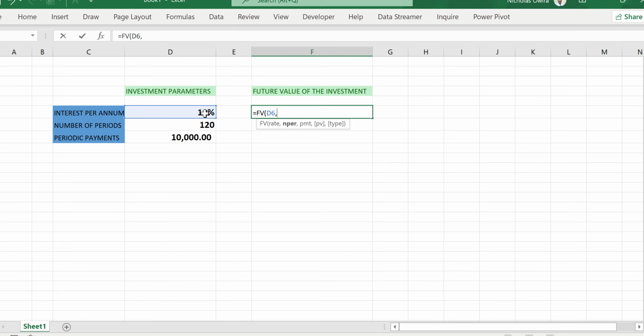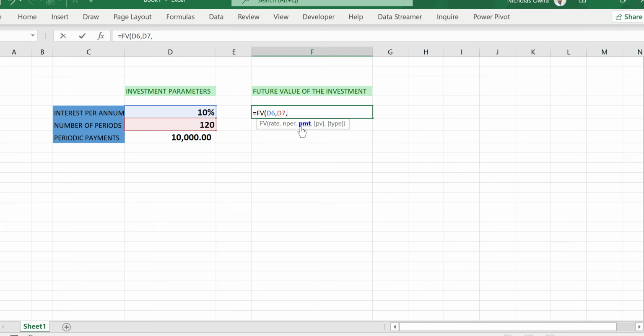Now we type a comma. The next one is the number of periods, the NPER. You can see we already have it here, 120. We again click into the cell that contains that parameter. Then the last value is the payment per term.